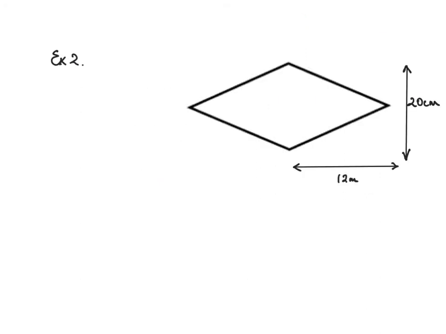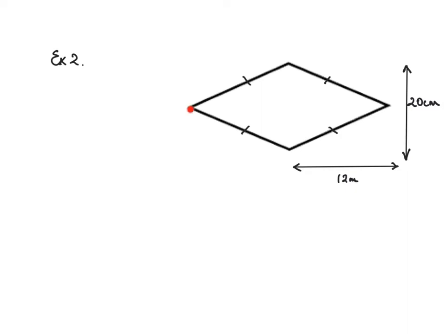Now example 2, I hope you can see that we have a rhombus here. All 4 sides are the same length, so we have 2 axes of symmetry. Now we already know the length of one of the diagonals, that's 20 centimeters. We don't need to do anything with that just now. That's the distance from one side to the other across its widest point.